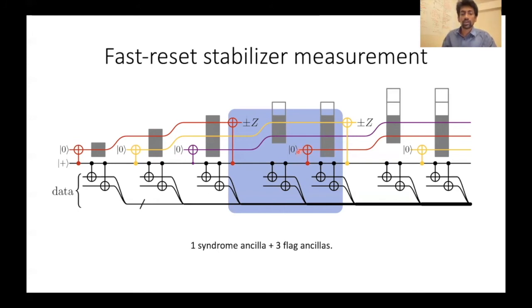So after you reinitialize your red ancilla, you can again transition into a weight 3 flag configuration. Then you switch off the yellow ancilla, reinitialize that, and again you switch between a weight 2 and a weight 3 flag configuration. So essentially, you just keep switching between weight 2 and weight 3 flag configurations by switching off the oldest flag ancilla and reinitializing it so you can use it fresh.